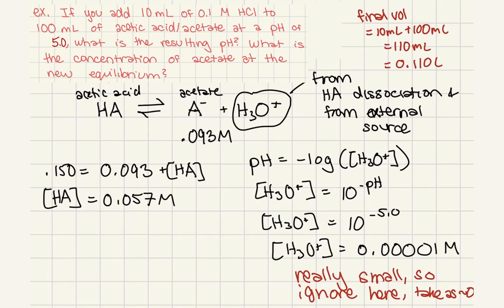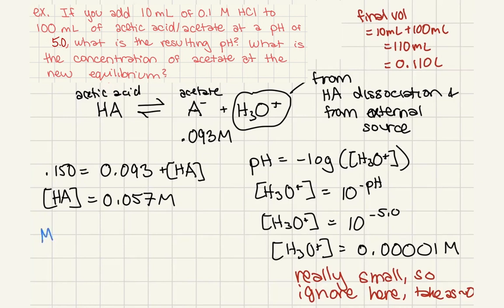For now, we need things in terms of moles, so we don't have to worry about the volumes, because moles doesn't care how much your volume is, but concentration does. So how many moles of each do we have? Let's think about how to convert between molarity and moles given the volume.